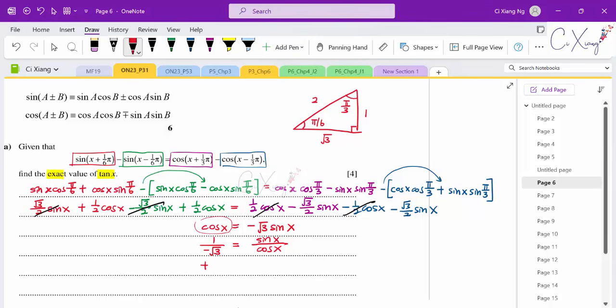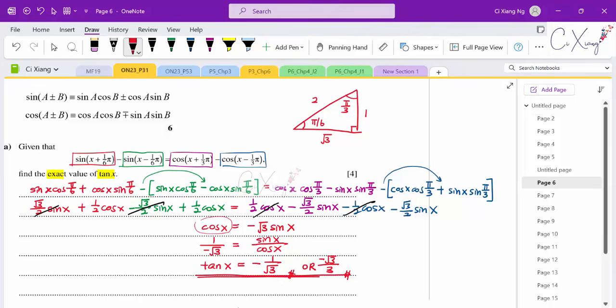So if I simplify the answer, I will have tangent x equals to negative 1 over square root 3. So I will keep it in this form so that it is actually the exact value. Alright, so if you want to rationalize the denominator, the answer also can be negative square root 3 over 3. And both of them are the same.